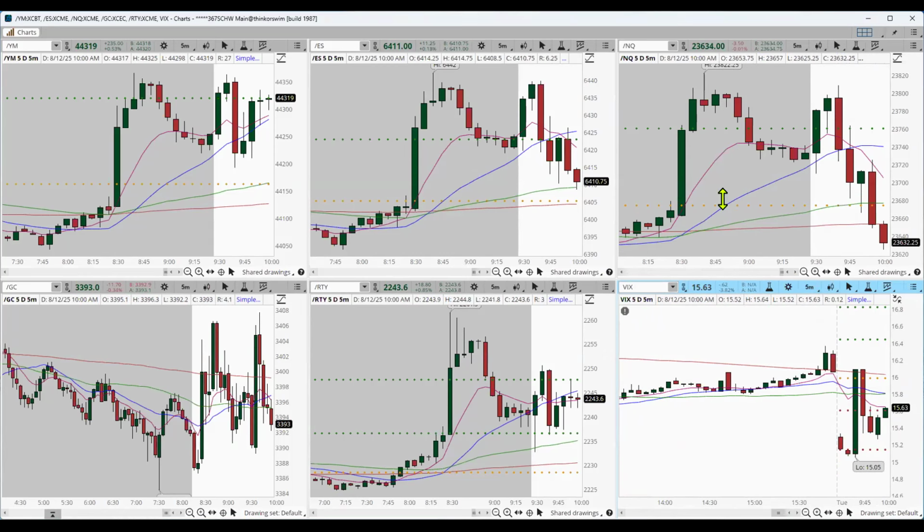NASDAQ, which was a little bit easier to trade because of the structure on higher time frames.